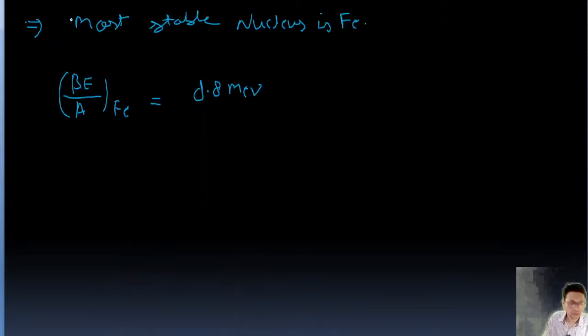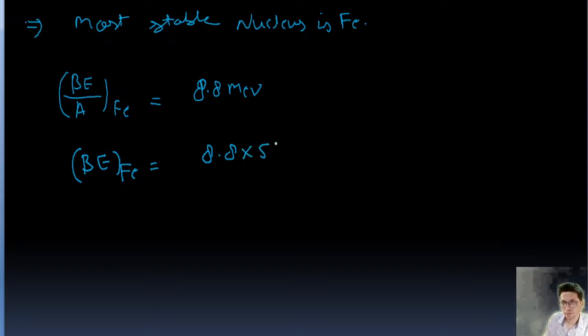Next, this is the binding energy per nucleon. If you take just the binding energy for Fe, it is 8.8 into 56, which is 492.8 MeV.